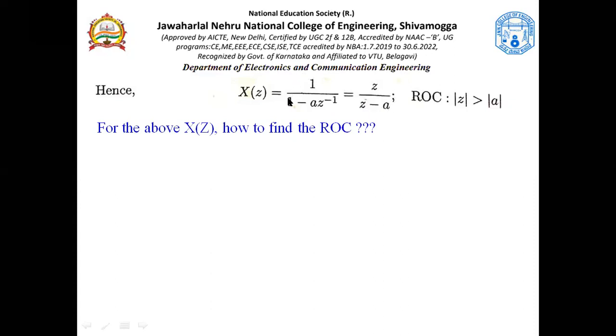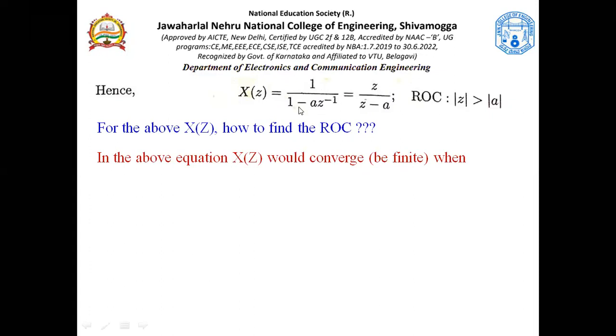Consider the equation wherein you have Z inverse. Okay, so how does it look like? In the above equation, x of z would converge or be finite when would this be? When would x of z be a finite entity? Just don't see this now, because we are talking about ROC. We are interested in this, where z inverse is there, not where z is there.